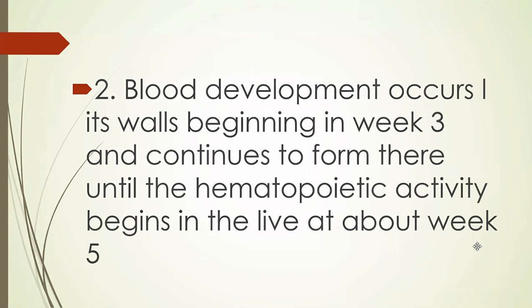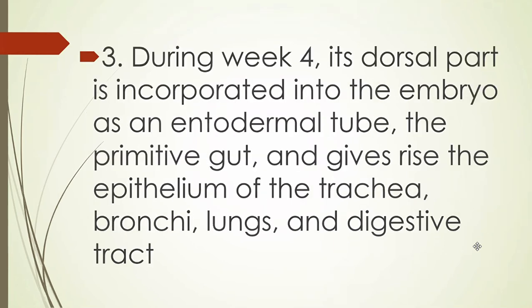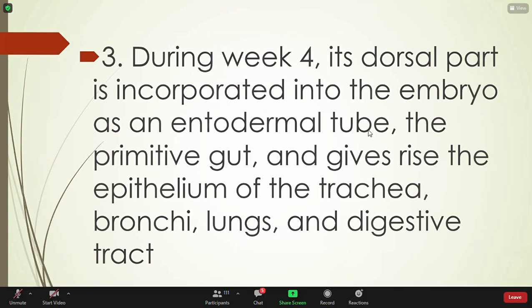Okay, there is blood development occurring in its walls on weeks 3 to 5. And during week 4, its dorsal part is incorporated in the endodermal tube. It also forms primordial germ cells on its yolk sac during week 3.